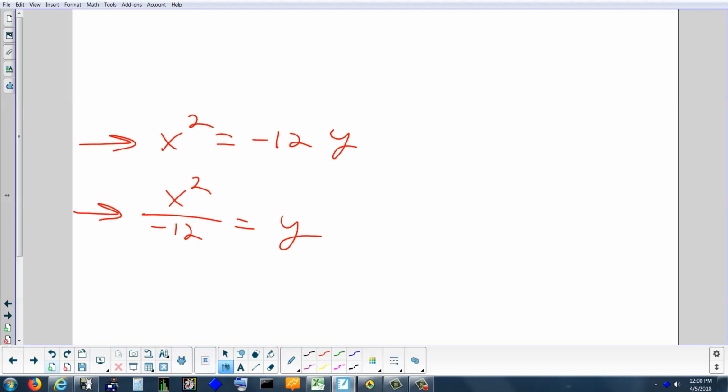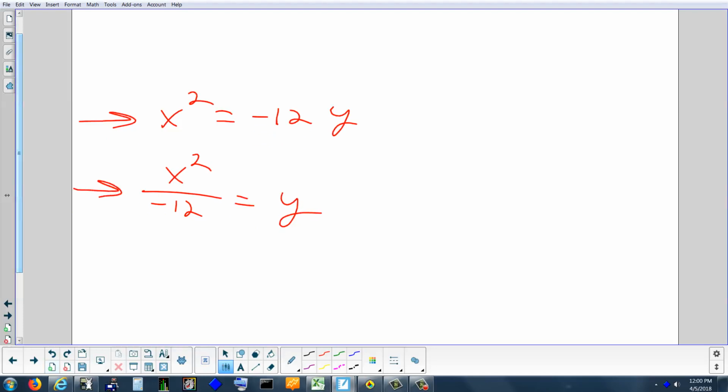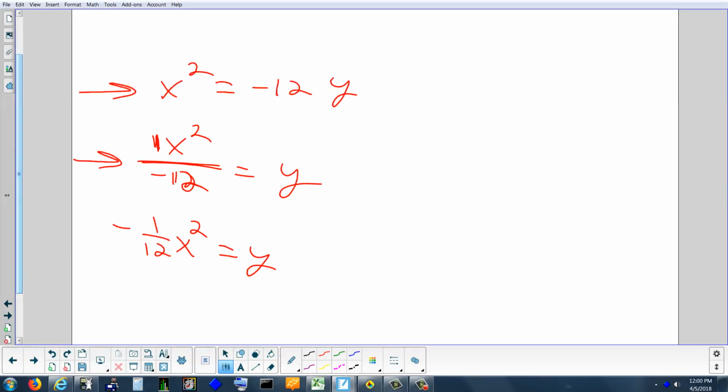What number is in front of x here, even though it's not written? 1. So you could also think of it this way. It's 1 over 12. 1 over 12. That's also the same thing. So when you look at the letters here, what do you notice about the x compared to the y?